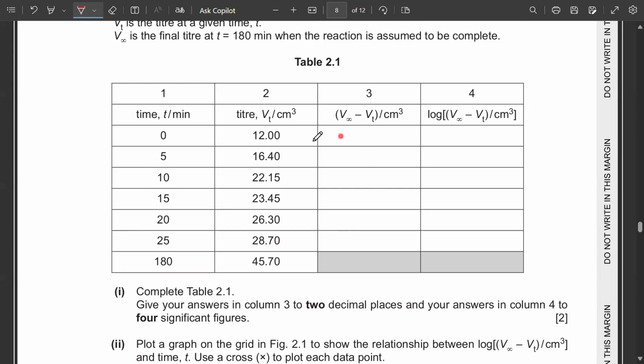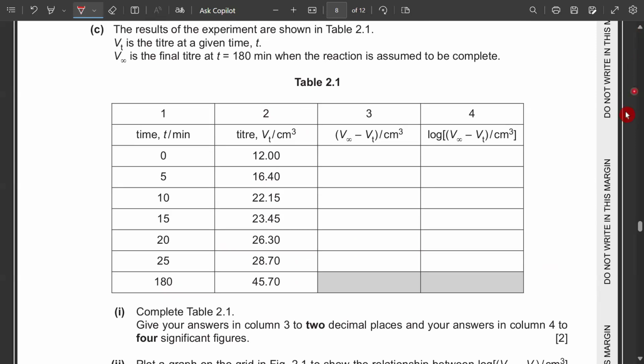Now here, how would you complete the first row? Is V infinity 180, or what? Read the columns. Column 1 says time t, which is in minutes, and these are the times: 0, 5, 10, 15, 20, 25, 180. The second column reads titer, Vt, in cm³, and we have these volumes: 12, 16, 22, 23, 46, 48, and 45.